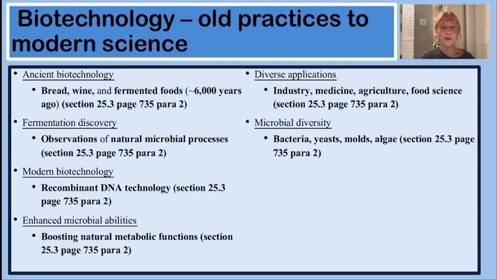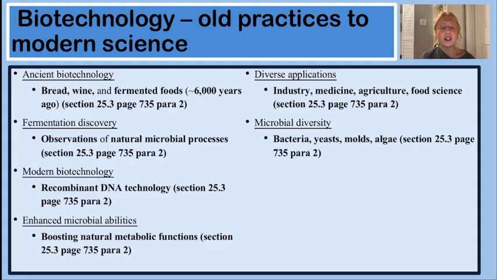So now I'm going to talk about how these processes have changed over time. This biotechnology has been around for a long time, stretching back thousands of years, before we even knew microbes existed. Early humans discovered that grape juice can be turned into wine and that dough containing certain cultures would rise, unknowingly harnessing microbial fermentation.